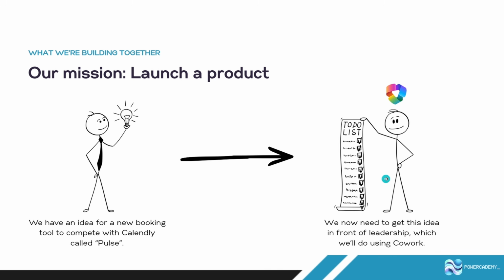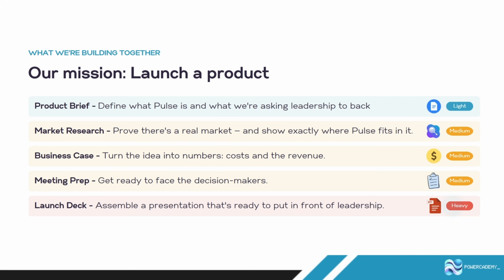The idea is we have an idea for a new booking tool to compete with Calendly called Pulse. We now need to get this idea in front of leadership, which we will do using Cowork. And this is really good because it gives us a list of outputs that we need to launch that particular product. We're going to use Cowork step by step to create all of these outputs for us so we can hit our goal of actually launching a product.